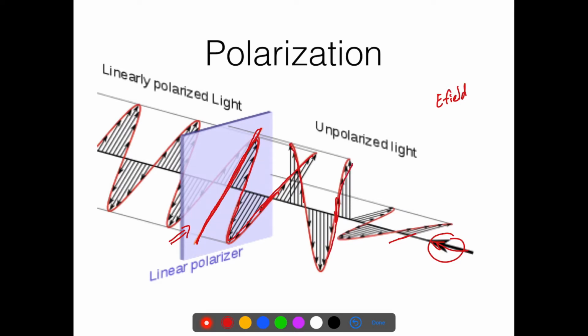This one right here that's vertically up and down, well, we can create an axis like this, and a component of this light will be in that direction and a component will be in the perpendicular direction. The component that's parallel to this will go through. Okay, so a part of this middle wave will go through. A part of this bottom wave will go through. So some of the light will go through.